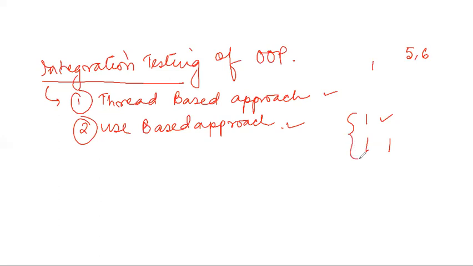These examples fall under the use-based approach. That is, it begins by testing the classes that either need no service from other classes or need service from at most a few other classes.